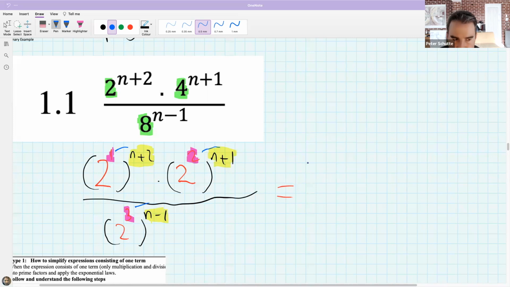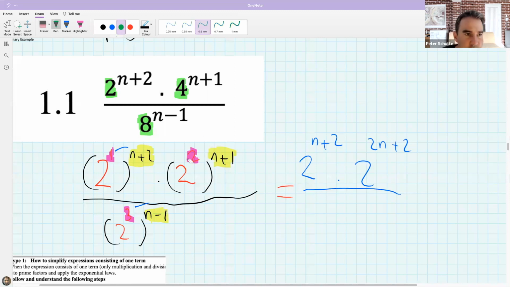Okay, so I suspect I know what's going on. If you multiply 1 by n plus 2, you just get n plus 2. But if you multiply 2 to the power of 2, if you multiply this 2, it doesn't just get multiplied by the n, it gets multiplied by the 1 as well. I suspect a lot of students are getting a little bit caught out, because the 2 gets multiplied by both of these things.